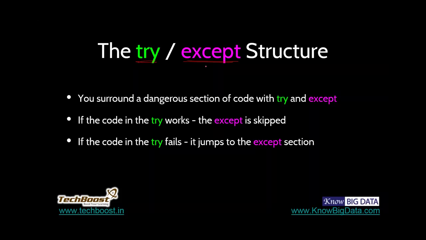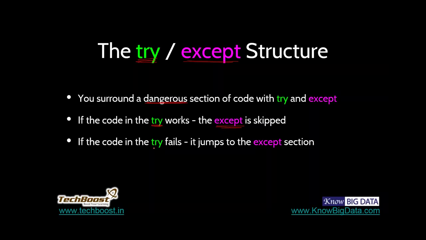So the try and except structure, right? What you basically try to do is try out your code, the code which is dangerous, the code which you feel might cause some problem during the execution. You put it under a try block, and you keep an except block following the try block, which will catch the error which has occurred in the try block.